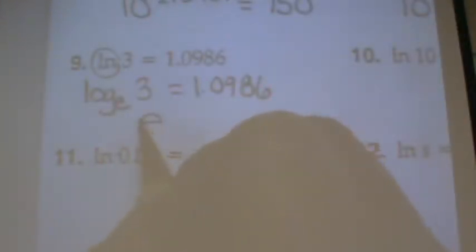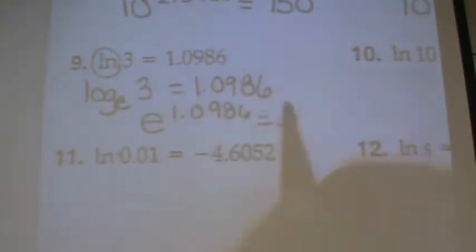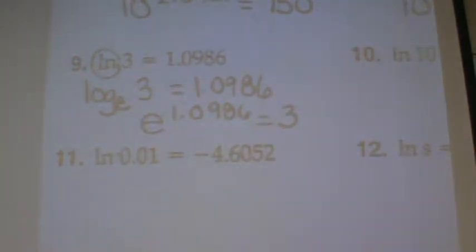E to the 1.0986 power is equal to 3. Number 10. What's the base? When you see ln, what's the base, everyone?